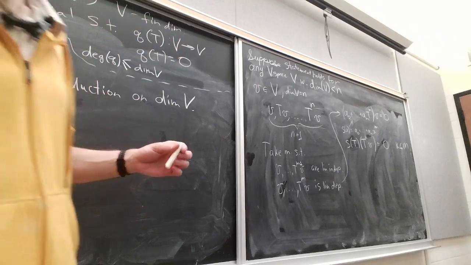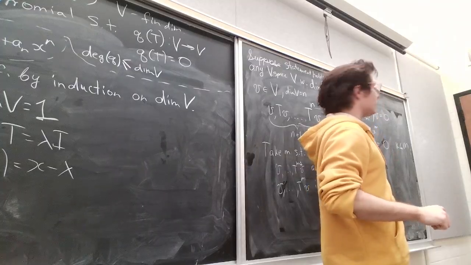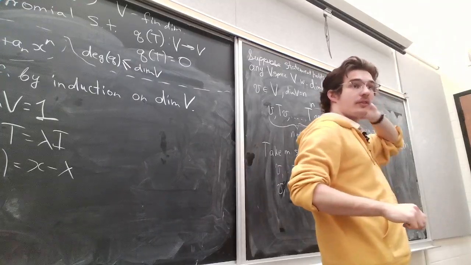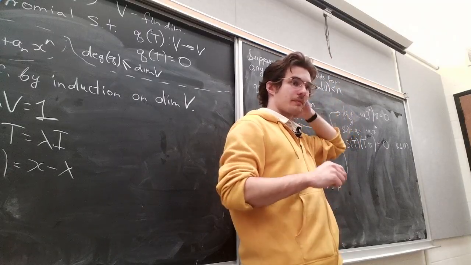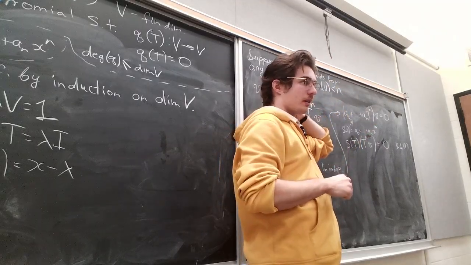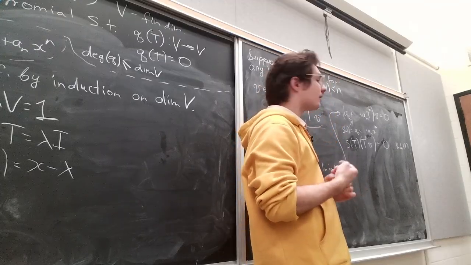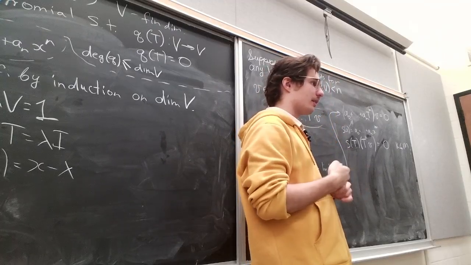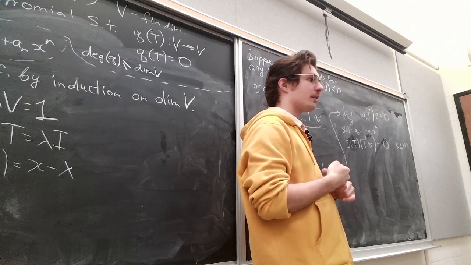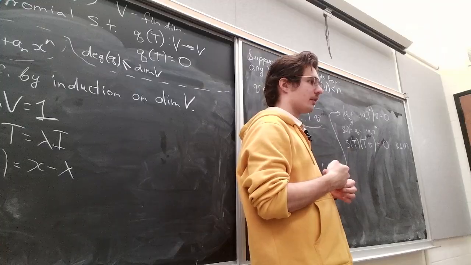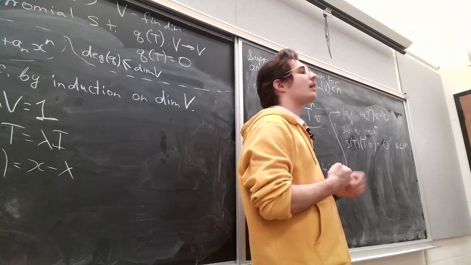Well, not quite. I know that s of T applied to v is 0. But why is s of T applied to T^k v equal to 0? Yes, you have a0 plus blah blah blah plus am times T to the power of m. When you take T^k, all of the degrees go up by k. Exactly.